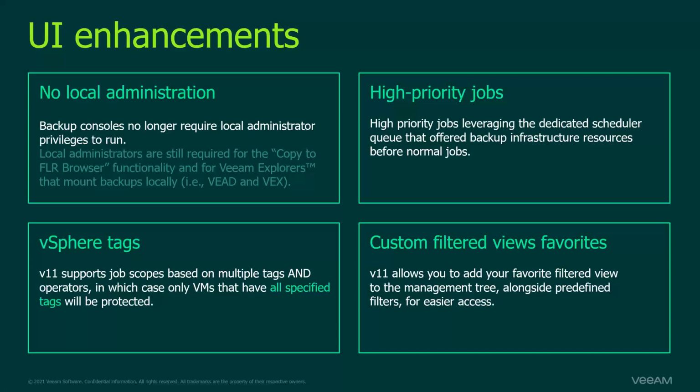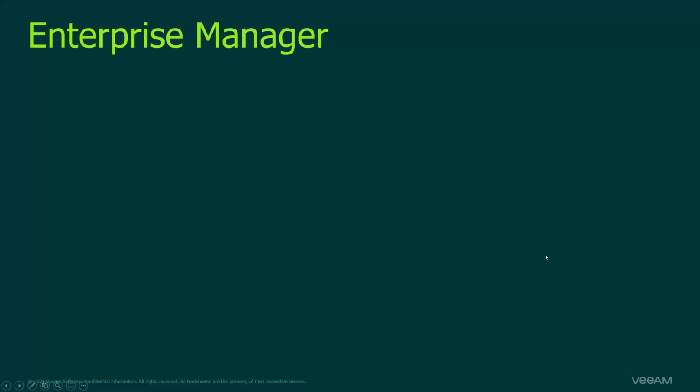If you have, let's say, a bronze tag assigned to some virtual machines, but you don't need to back up all of them, you can also assign a backup tag on those machines which you need to back up, and have a job which is, let's say, bronze backup, and add both tags to the job. So it will be bronze and backup, an AND argument. Custom filter views, again, just a quality of life improvement for those who have a lot of jobs within a single backup and replication server.